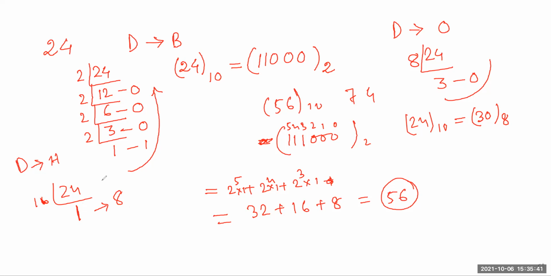Sir, 18 base 16. 24 base 10 is 18 base 16. So here you understand the conversion from decimal to binary, decimal to octal, and decimal to hexadecimal. Now is it clear, or do you have any doubt till now?